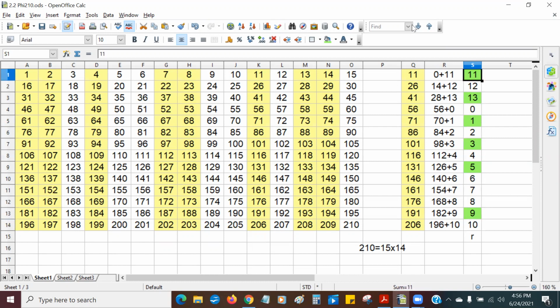And how many of these remainders are relatively prime to 14? Well, there's 11, 13, 1, 3, 5, and 9, which is six different numbers. So this column has six numbers relatively prime to 14. It doesn't necessarily work that I can go across the board horizontally.